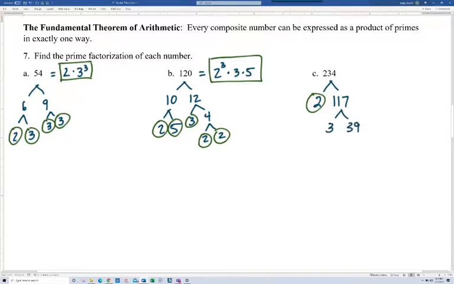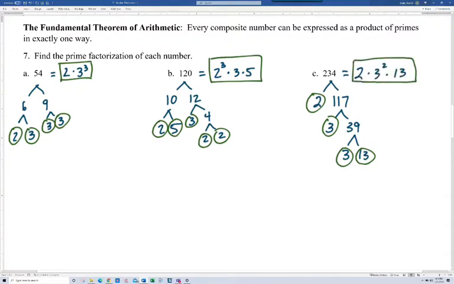It turns out it's 3 times 39. And 3 is prime. And so now we can break 39 into 3 times 13, and those are both prime. And so our prime factorization here is 2 times 3 squared times 13.